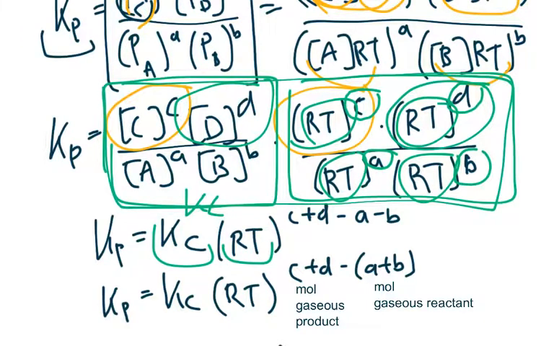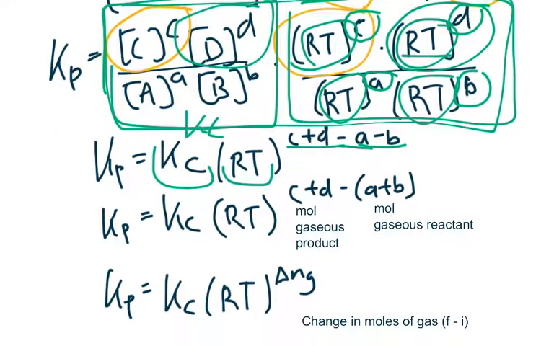So RT to the c times RT to the d is going to be RT to the c plus d, and then divided by RT to the a times RT to the b. You have to subtract a and b. We can simplify this by factoring out a negative to get c plus d minus (a plus b), and keep everything else the same.